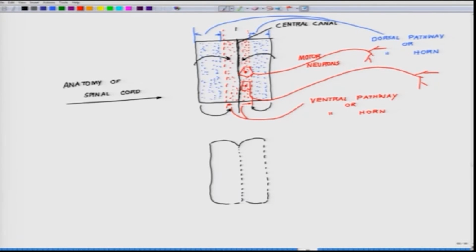Whereas there are neurons which are sitting here and their processes are pointing towards the upper side or towards the brain, and they receive a lot of signals like this. So, these blue color neurons, what I drew for you, these are called sensory neurons.